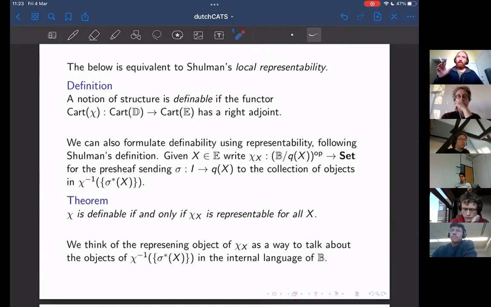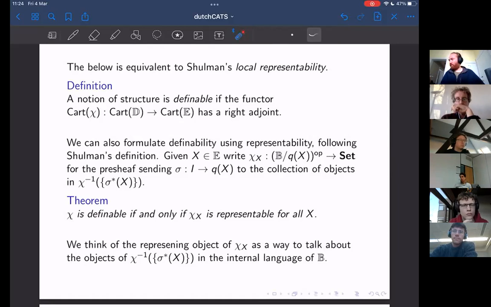In the internal language of a topos, the only things that we can talk about are things which belong to the topos. We can only talk about a collection of things if it's an object of the topos. We can only talk about a map if it's a morphism in the topos. And so the first thing that definability does is it gives us a representing object of this presheaf.